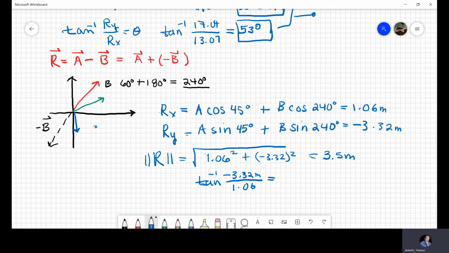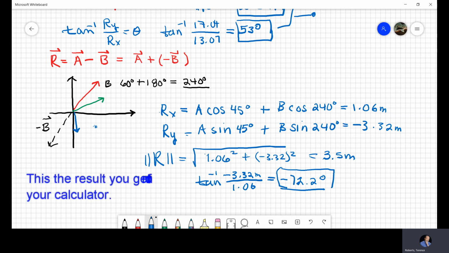And the angle comes out to -72.2 degrees. But this is not your answer. It's minus 72. So how do you find that answer?